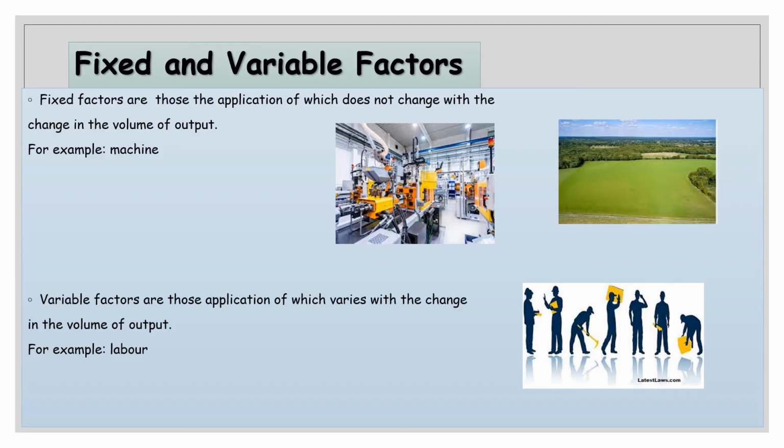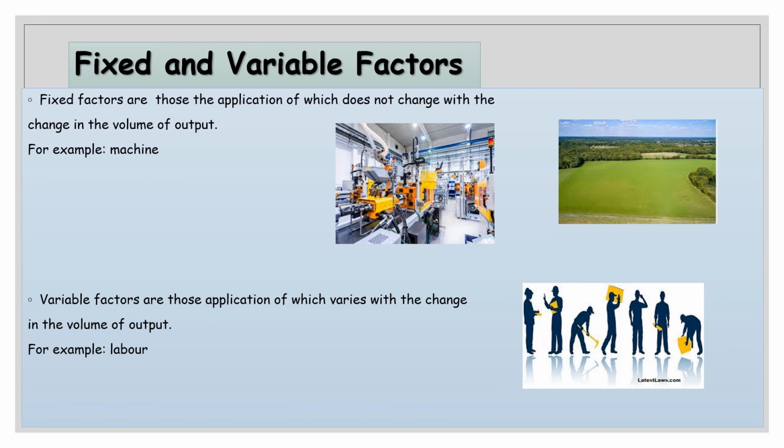Fixed factors will not change with the level of output. Example, machine. If you cannot import a machine in the short run, it will not vary with the level of activity. However, variable factors are those factors which vary with the level of activity.